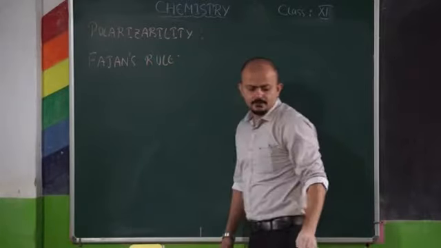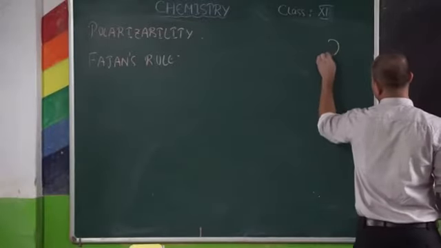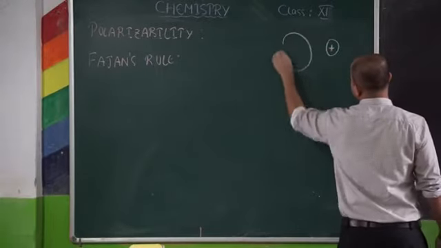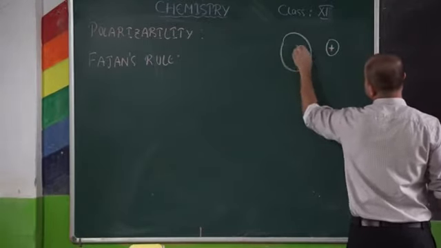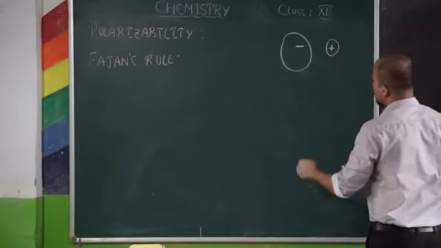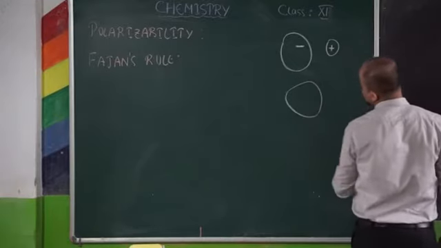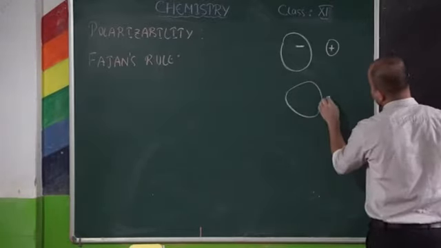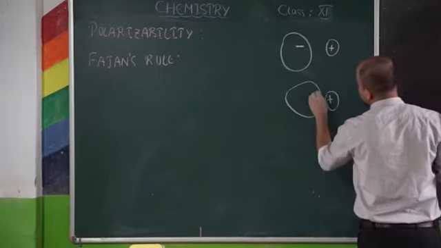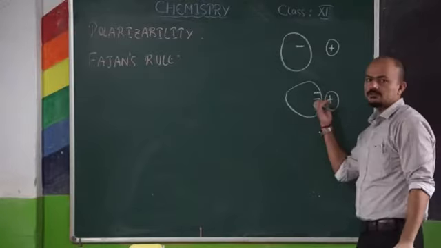Now, what does polarizability mean? For that, let's have a look at this particular sample. Suppose this is a positively charged ion, and here it is a negatively charged ion. Whenever they come very close to each other, the shape of the anion gets deformed, and most of its negative charge will lie towards this side, because of the force of attraction.